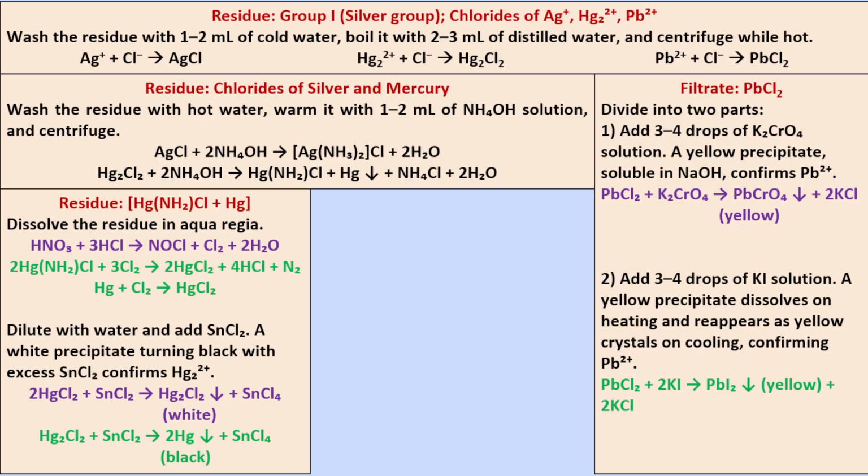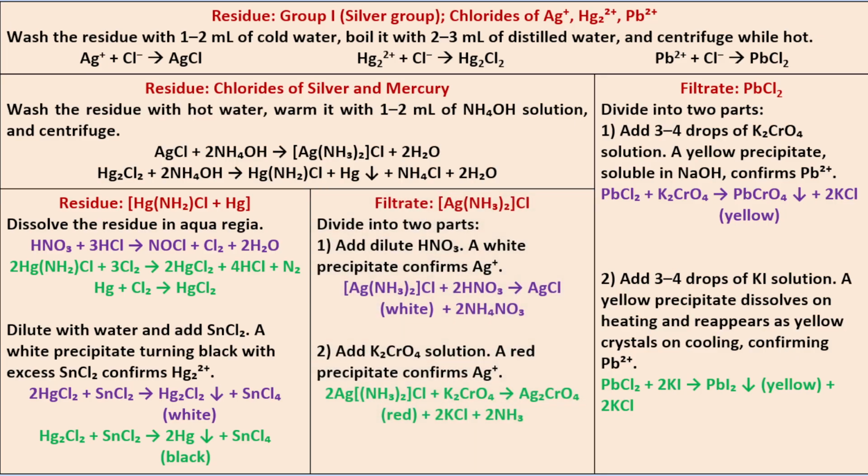This solution is diluted with water and stannous chloride is added. A white precipitate that turns black on adding excess tin chloride confirms the presence of mercury. The white precipitate is due to the formation of Hg2Cl2, which is unstable and decomposes into black elemental mercury.